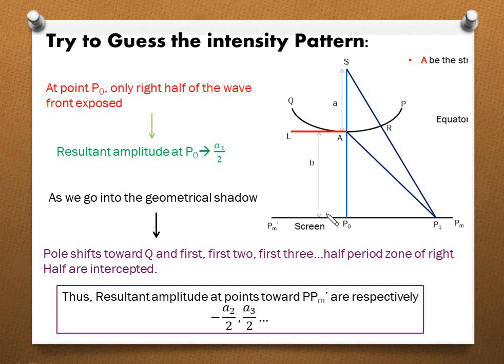So when we reach the mth term, the intensity will be almost zero. So we can guess that the intensity at point P0 will be A1 by 2 whole square, and then the intensity will drop if we move left.